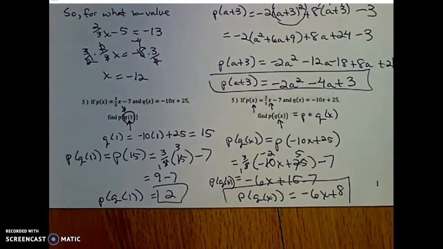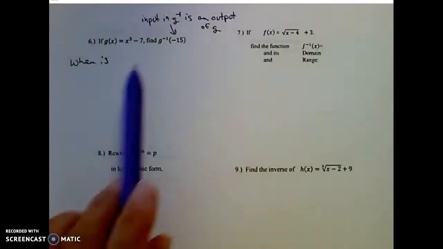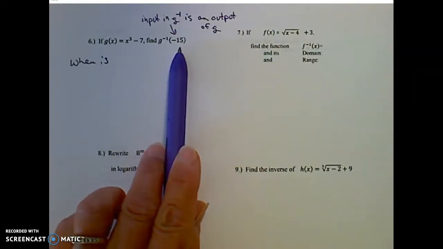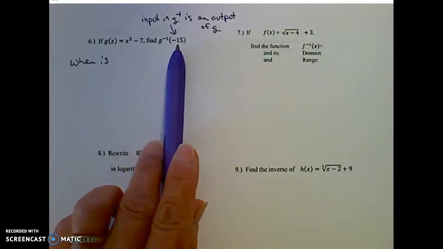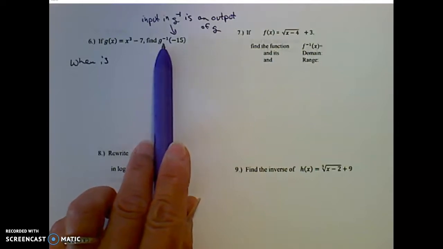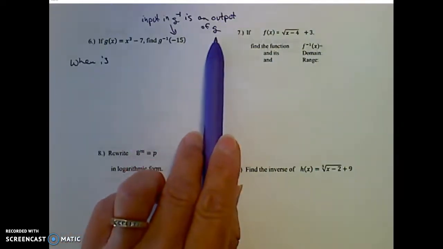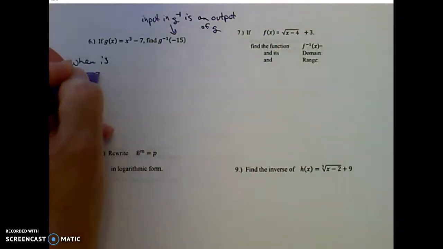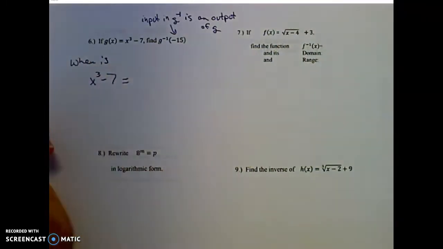Composition of functions. Alrighty. Okay, here's another case where the input into G inverse is going to be an output of the function G. So I'm going to ask myself, when is x cubed minus 7 equal to an output of negative 15?